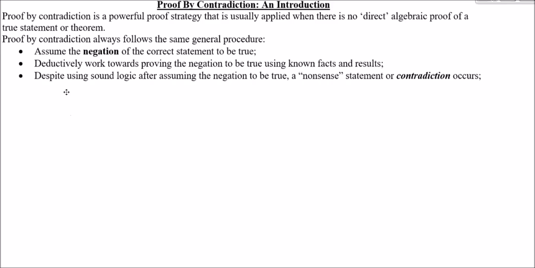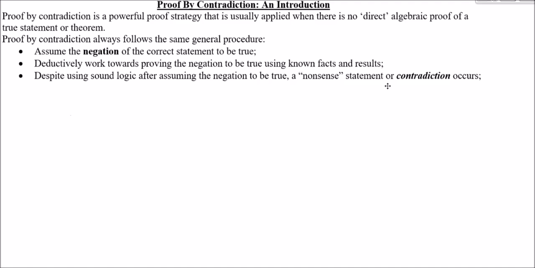And what you will find is, despite using sound logic, after assuming the negation to be true, we will end up eventually with an absolute nonsense statement which can't be true, or what's called a contradiction. If the steps we've followed since assuming the negation were true were solid, deductive, and mathematically logical, then those steps can't be wrong if it's based on logic.